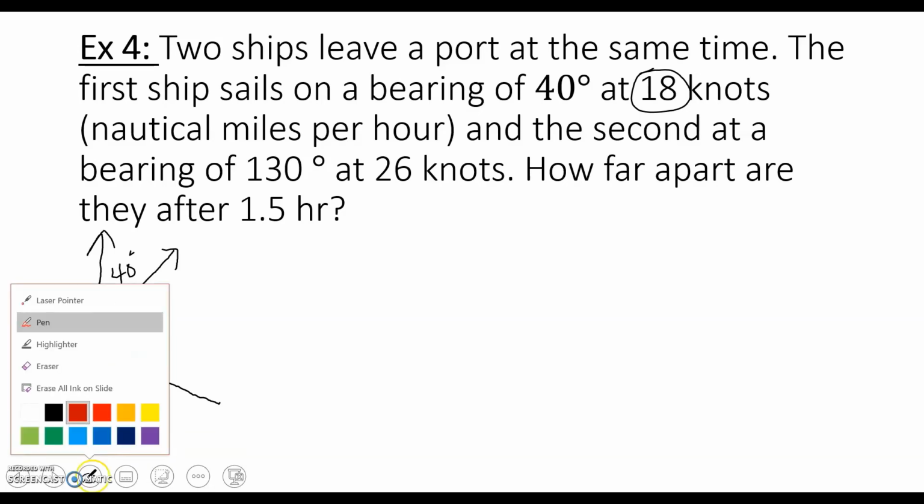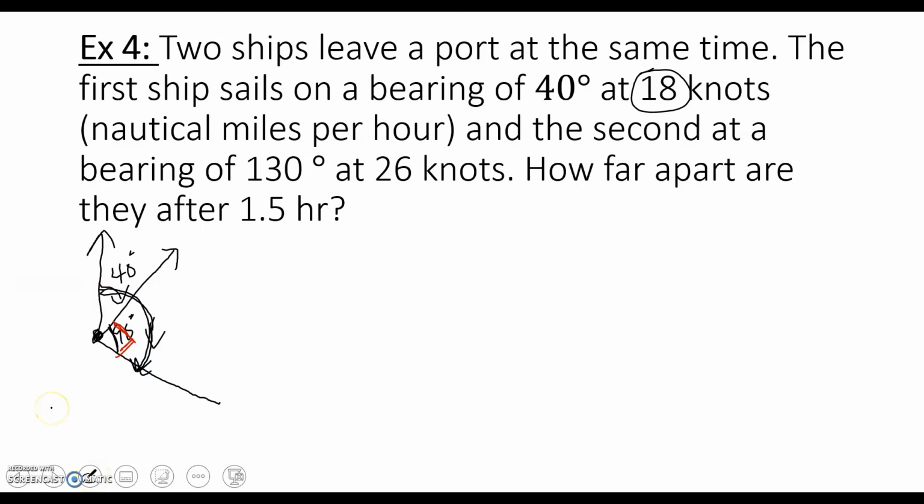Alrighty. And so what we want to know is how far apart the ships are after 1.5 hours. That 1.5 hours is going to give us our distances along with the speed. So remember, distance is equal to rate times time. The rate on this first one is 18 and the time is 1.5. So we're going to do 18 times 1.5.